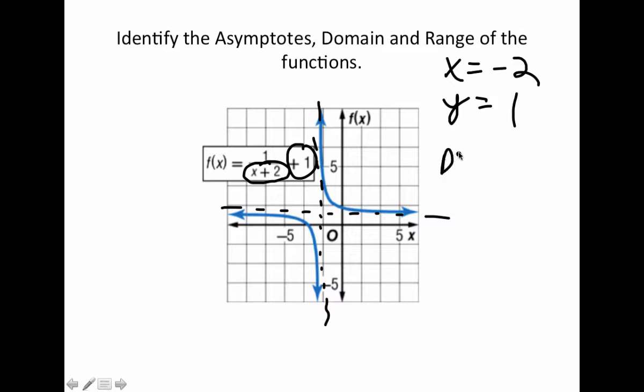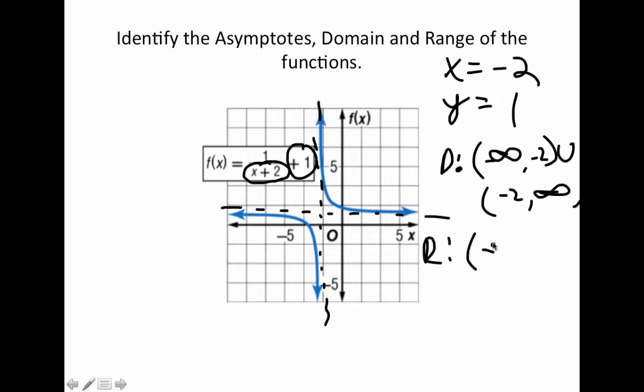That will also be the domain and the range. Domain, left to right: negative infinity to negative 2, union, negative 2 to infinity. Range, how far down? Negative infinity up to 1, union, 1 to infinity. Everything except the asymptotes. We're at upper right, lower left, because the value of a was positive.